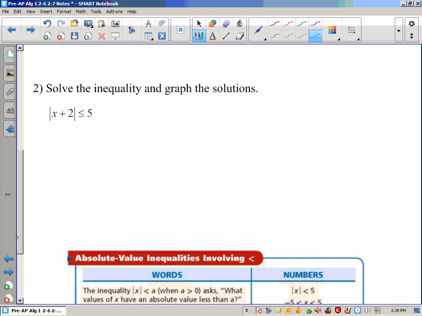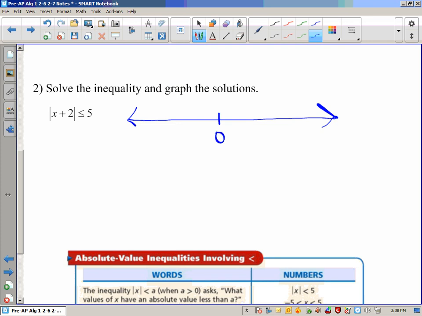We can think about it on a number line, but it might be pretty difficult to do so. So it says, what number or numbers could I add 2 to and be 5 units from 0? Well, let's think about it.